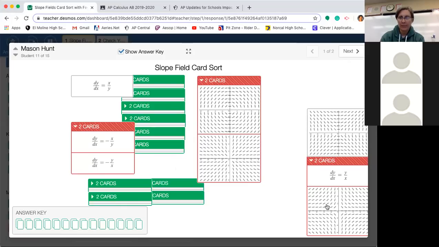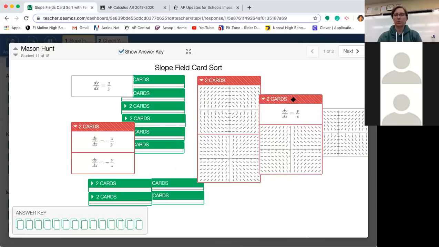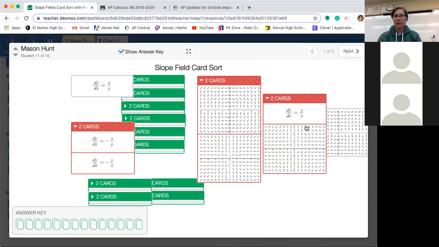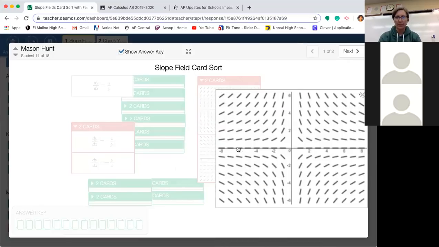Mason, if you want to look at what I'm looking at here, I'm going to talk about this one on yours that you have matched up and why that one's not correct. That one has slopes of 0 along the x-axis, right? So those would have the points 2, 4, 6, 0.